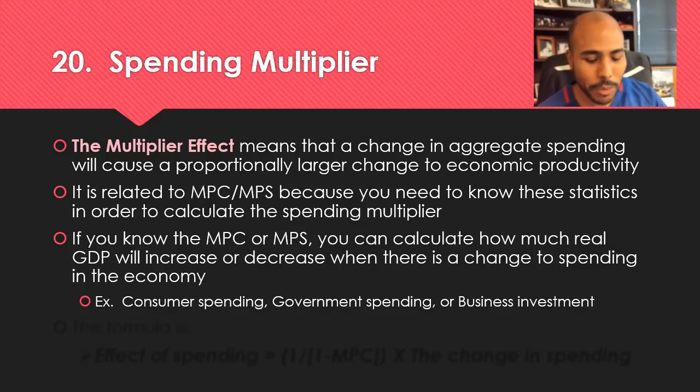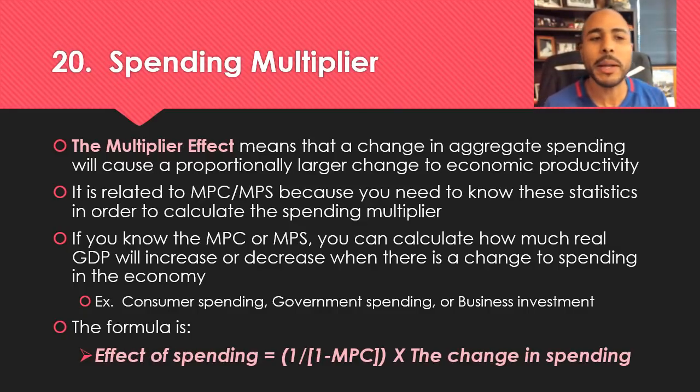Please don't forget that. So the formula to figure out our spending multiplier, meaning how much our spending is going to change GDP, is equal to 1 divided by 1 minus the MPC, or you could say 1 divided by the MPS. That's going to give you your spending multiplier. And then you just use that spending multiplier to multiply by whatever the change in spending is.